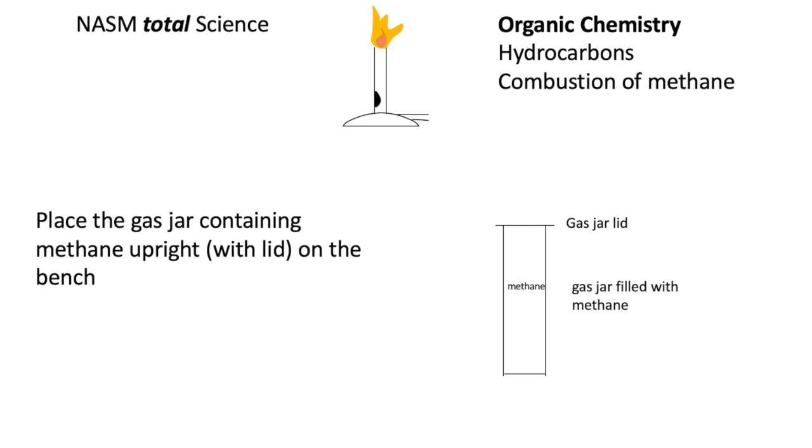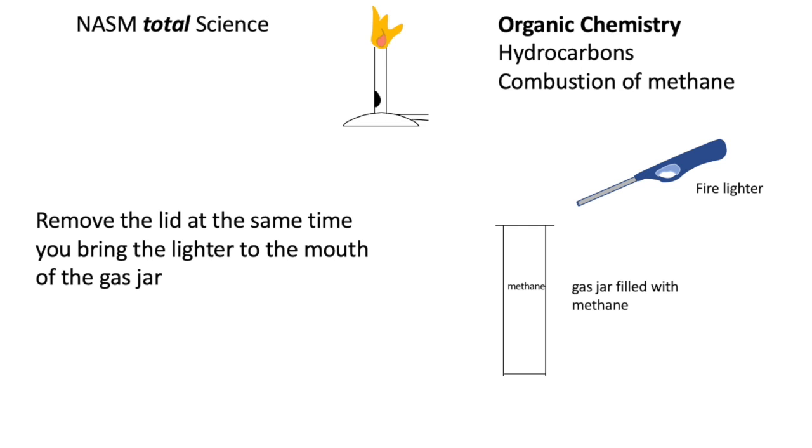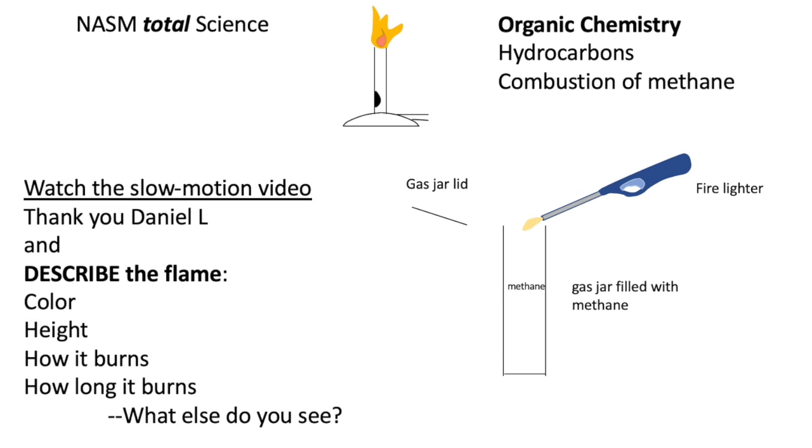And then with the lid in place, put it upright on the bench, and then bring up a firelighter, and as you light the firelighter, remove the gas jar lid and place it in the mouth of the gas jar.